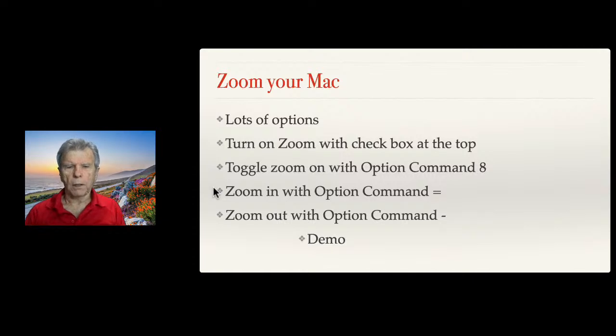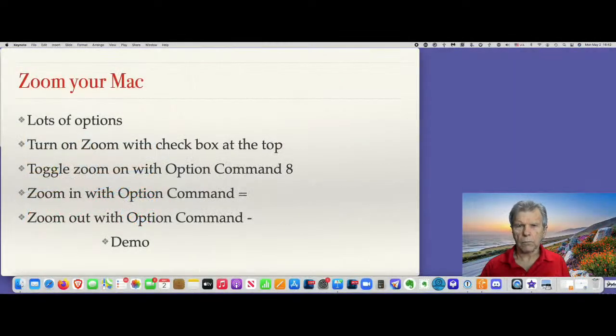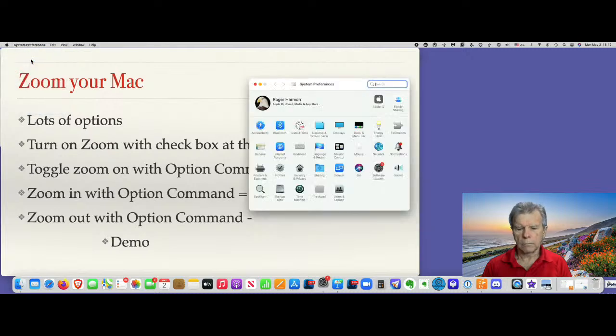So, let's go to the demo. This week, you will see exactly how these things work. To get to the Zoom controls on your Mac, you would either go to the dock, where you may have System Preferences, or if not, you would go to the Apple menu in the upper left-hand corner, slide down to System Preferences, and click there.